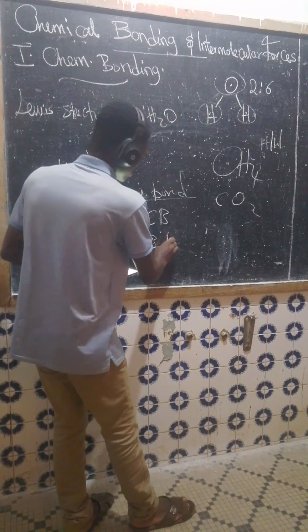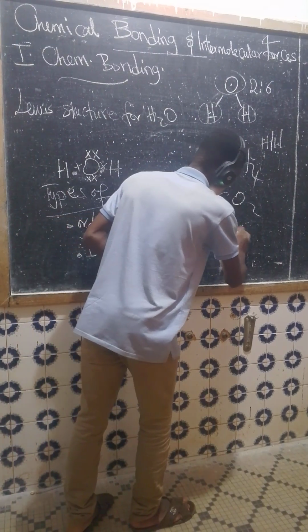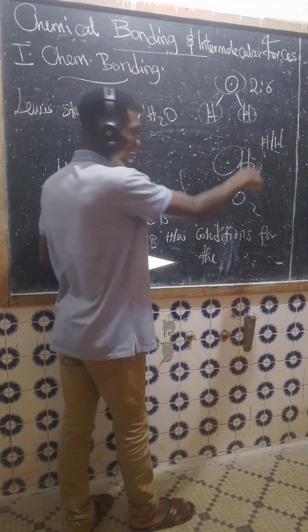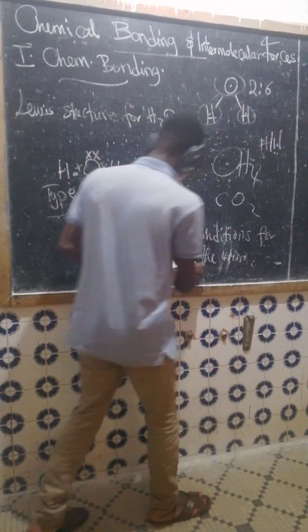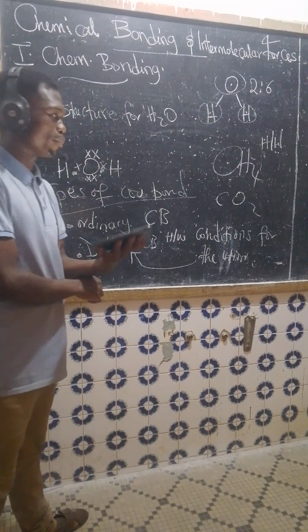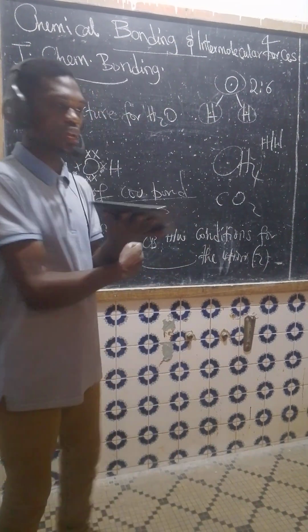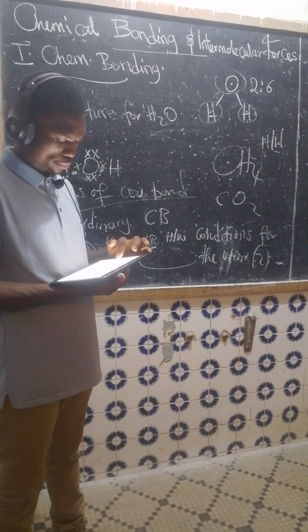Now, assignment. The conditions necessary for the formation of dative covalent bond. There are two conditions necessary for the formation of dative covalent bond.